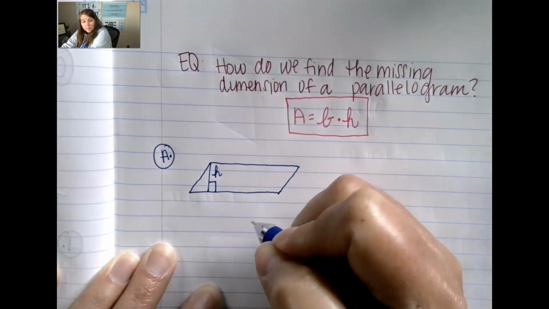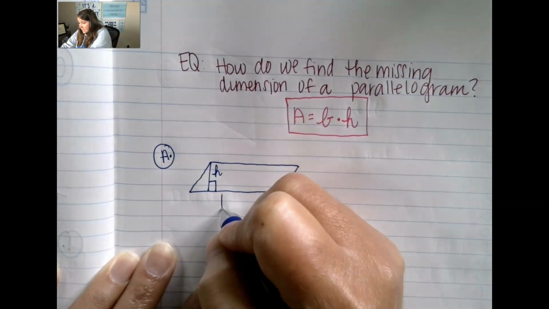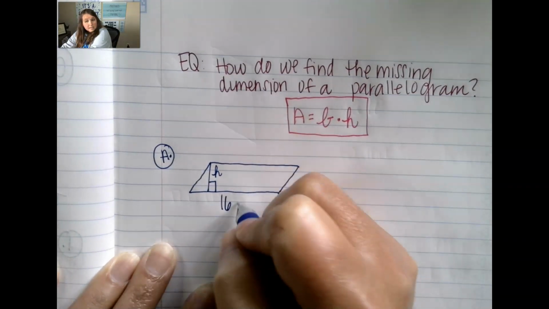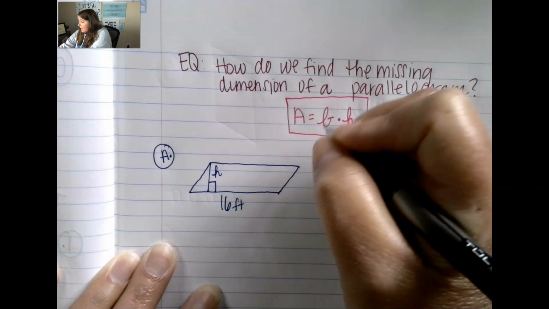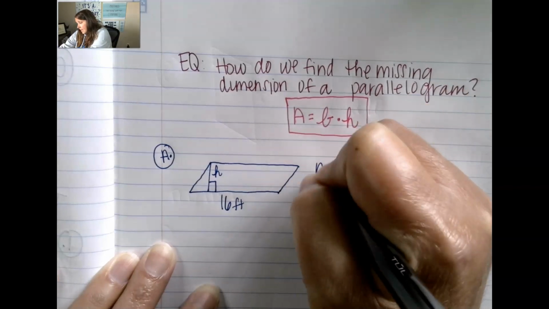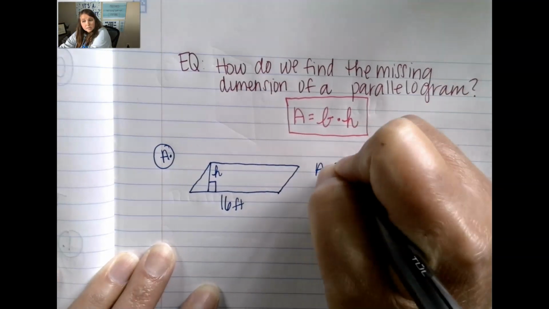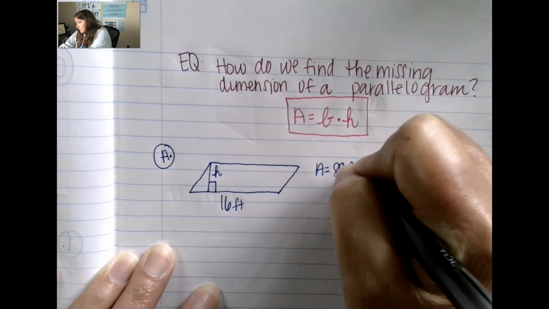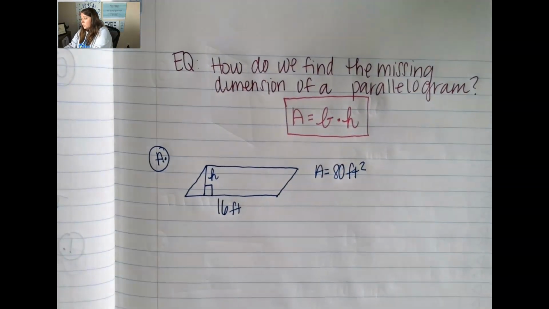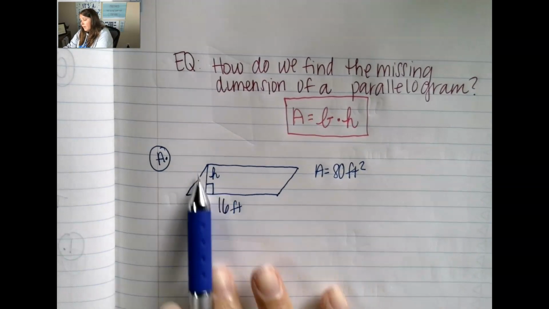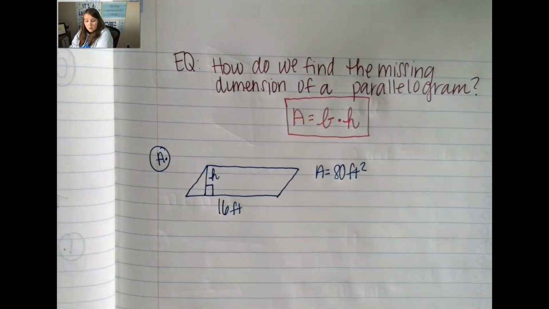It says that the base is 16 feet, and then it says that the area equals 80 feet squared. So we're given two things, and we have to solve for the height.